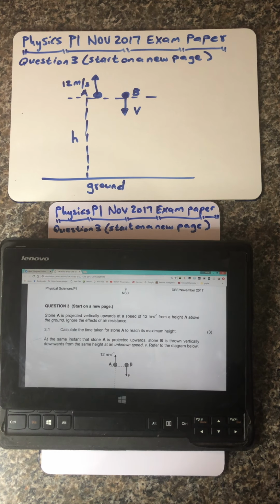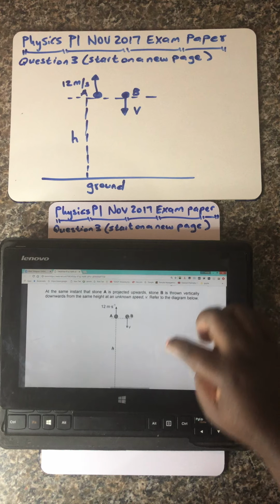The statement reads as follows: stone A is projected vertically upwards at a speed of 12 meters per second from a height h above the ground. Ignore the effects of air resistance. We've got our first question, which says calculate the time taken for stone A to reach its maximum height.